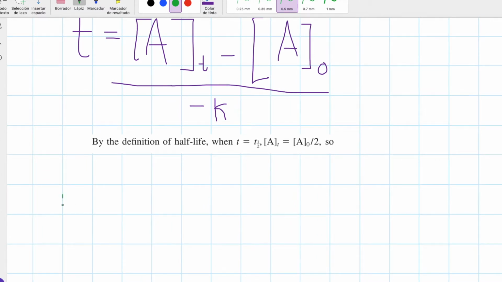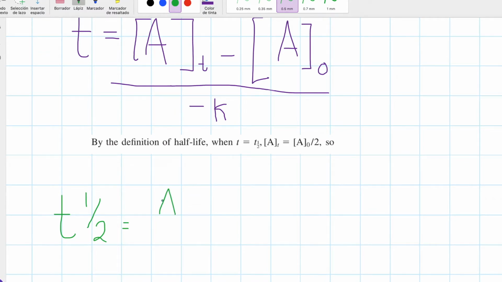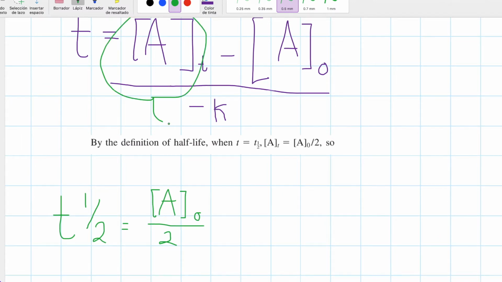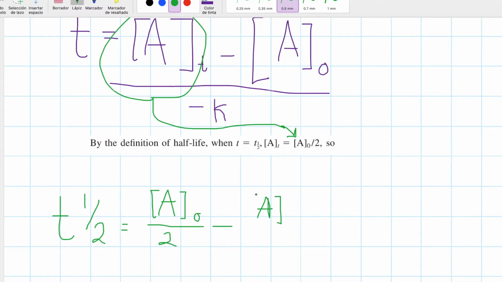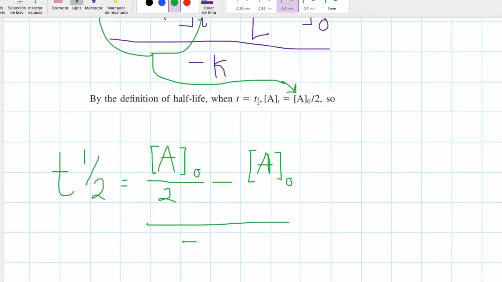We would have t1/2 equals initial concentration over 2, then minus initial concentration, over negative k.